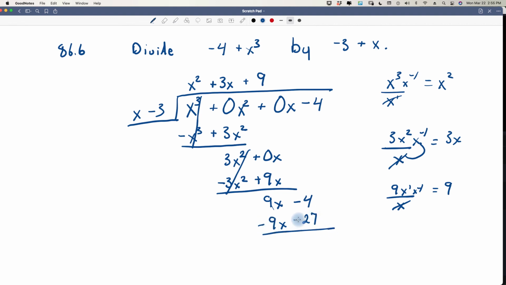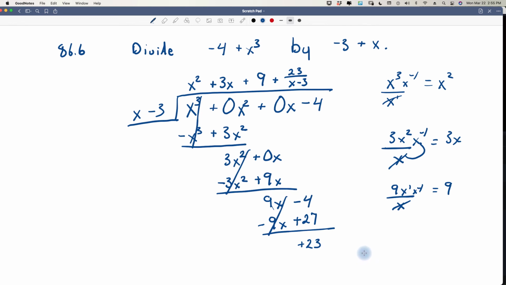We flip the signs to subtract. These cancel, and we are left with a positive 23. So we can't do anything with that 23 because there's no more x's, so we say plus 23 over x minus 3. And that's our answer again.